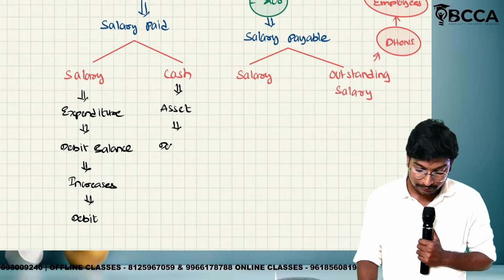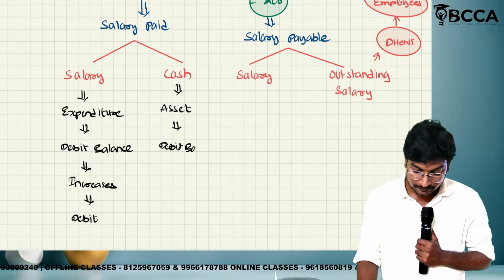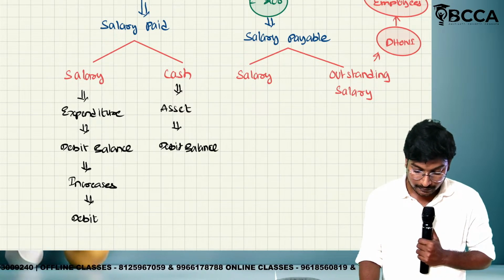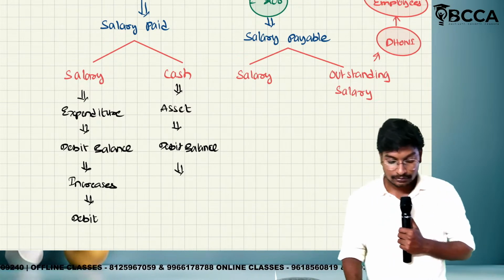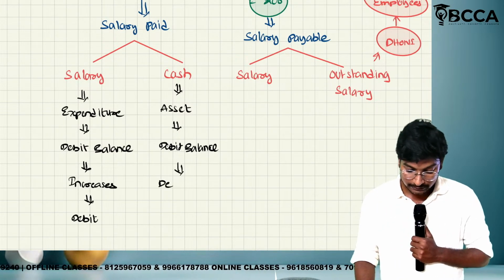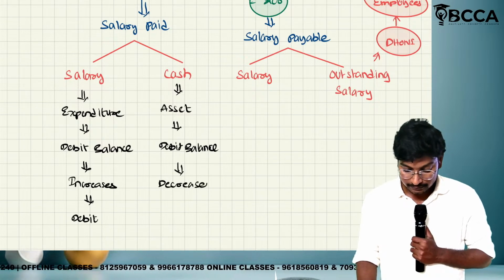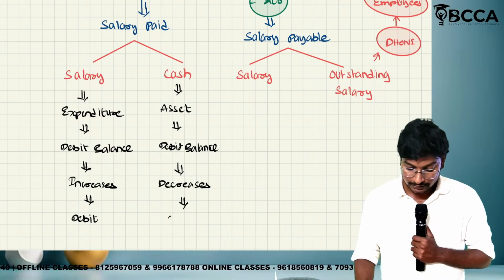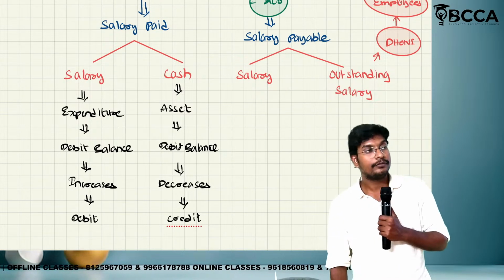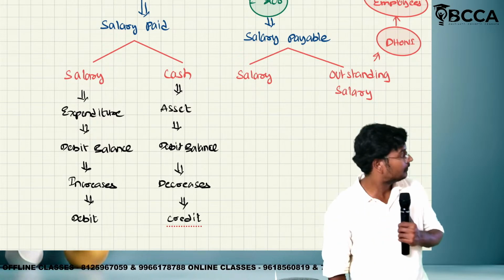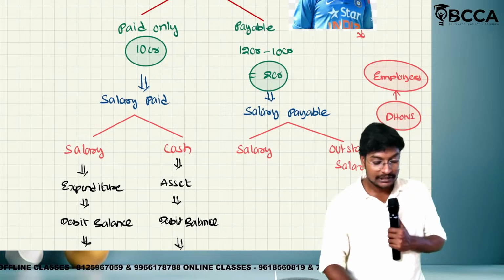Debit balance. So cash comes into the business or goes out? Goes out. So okay, don't worry. Decreases. So then we get what? Credit.